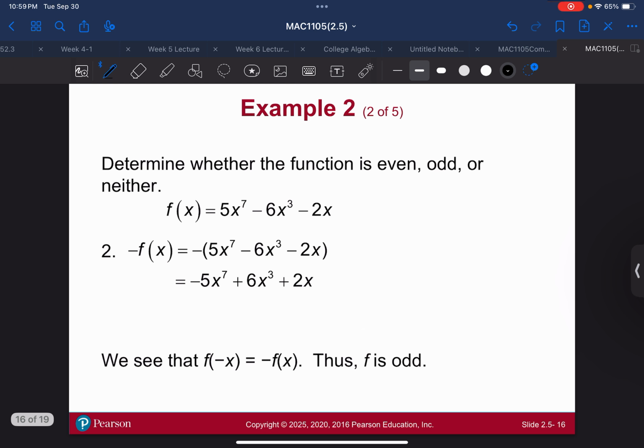And that is what it's going to be saying here. And remember, since it's odd, we know that it is symmetric about the origin, or symmetric with respect to the origin.